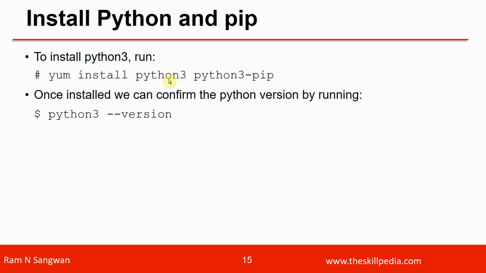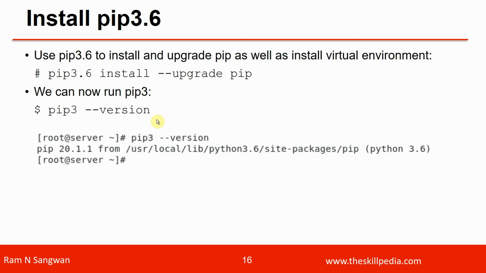Install Python and pip. This is how you install: yum install python3, python3-pip. Once installed, we can confirm by checking the version, python3 --version, and then we install pip 3.6, pip 3.6 install --upgrade pip, and we can now verify the version. That will show you which version.